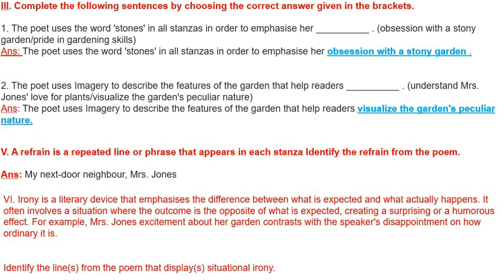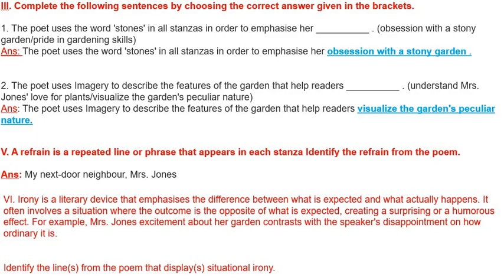Complete the following sentences by choosing the correct answer given in the brackets. The poet uses the word stones in all stanzas in order to emphasize her obsession with her stony garden.